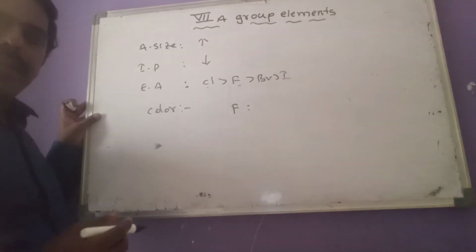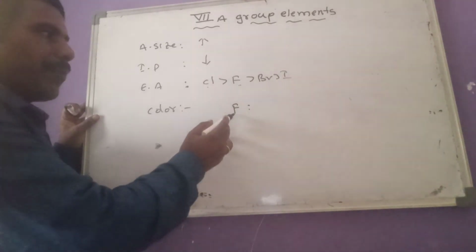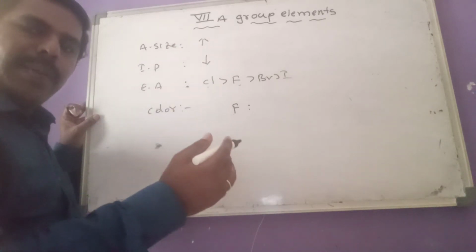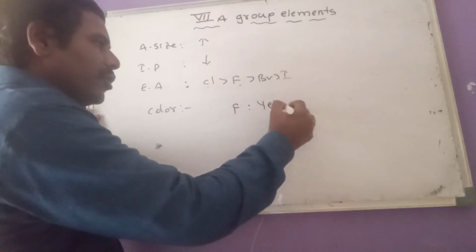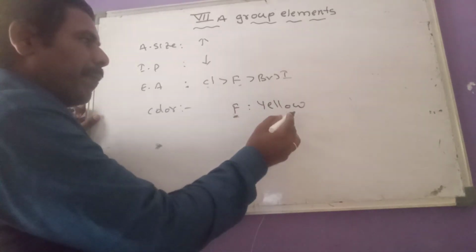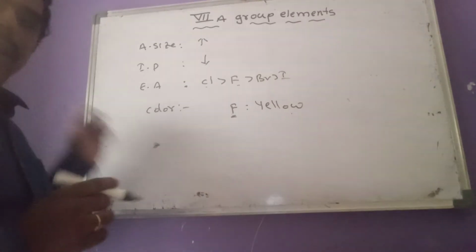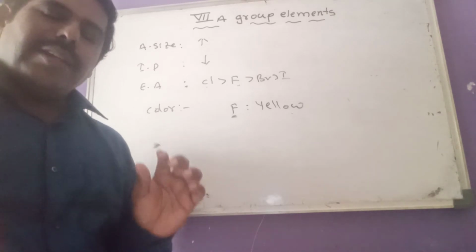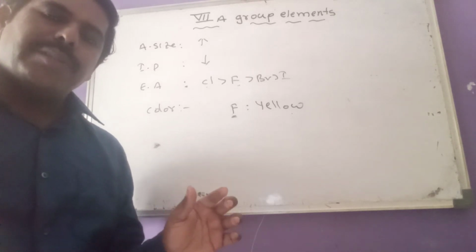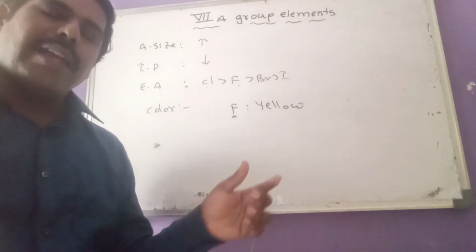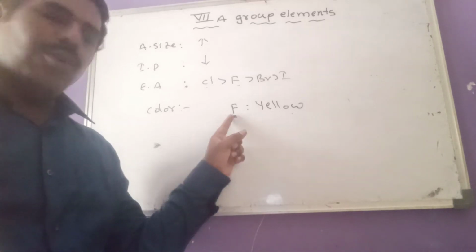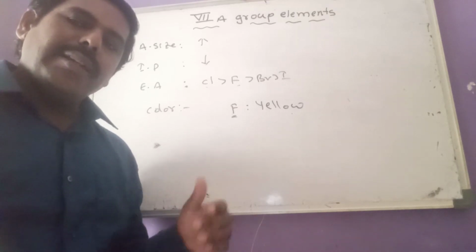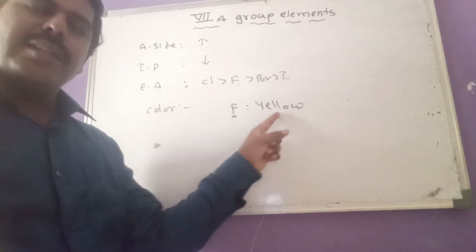Due to smaller atomic size, it absorbs high energetic violet color and emits its complementary yellow color. So that means fluorine appears in yellow color. But sometimes you may get a question like this: F, that means fluorine, absorbs dash color and emits dash color. So fluorine absorbs high energetic violet color and liberates less energetic yellow color.